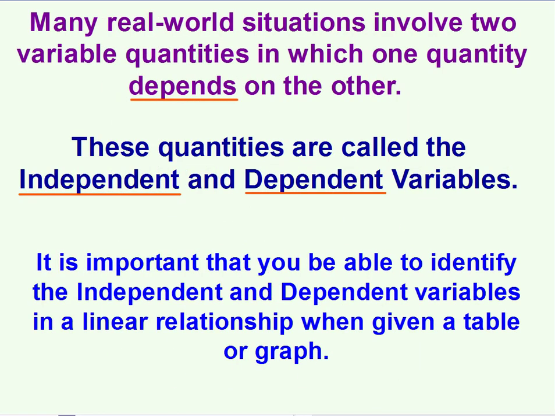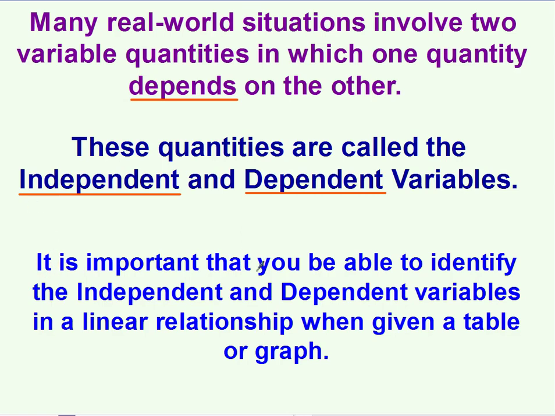Many real-world situations involve two variables, quantities, in which one quantity depends on the other. These quantities are called independent and dependent variables. You might have heard of this in science class.